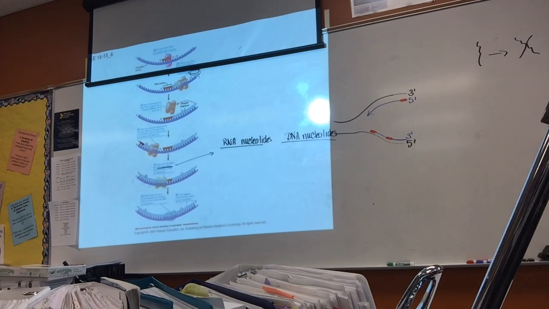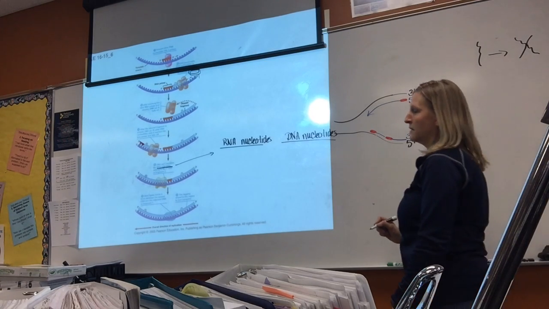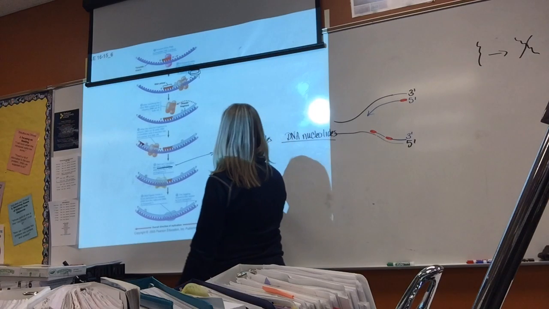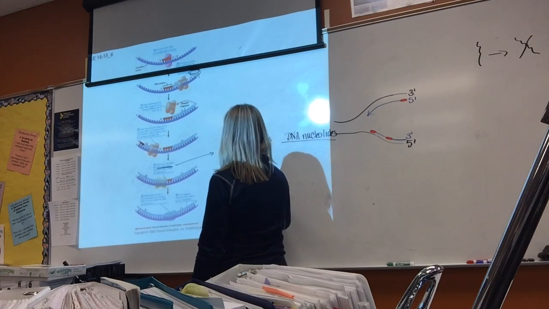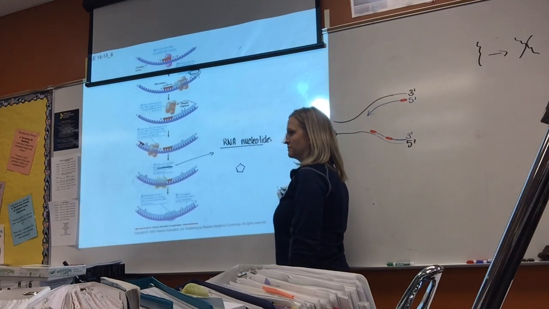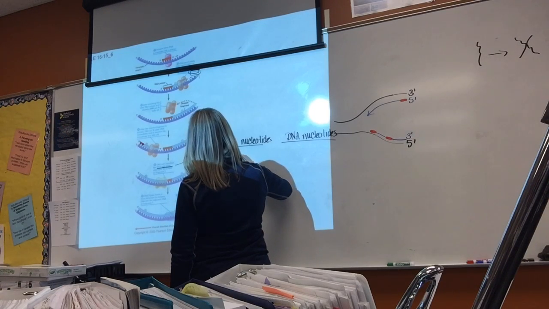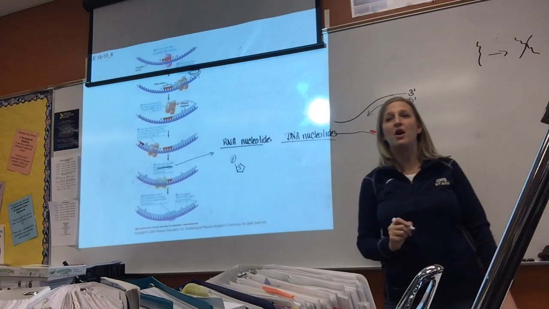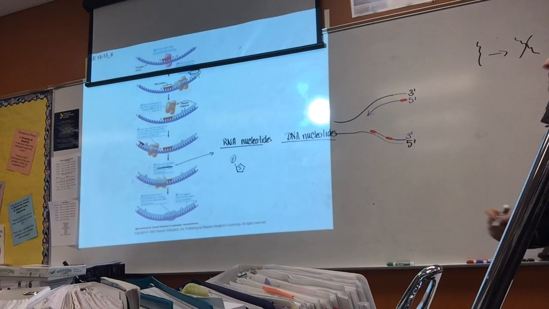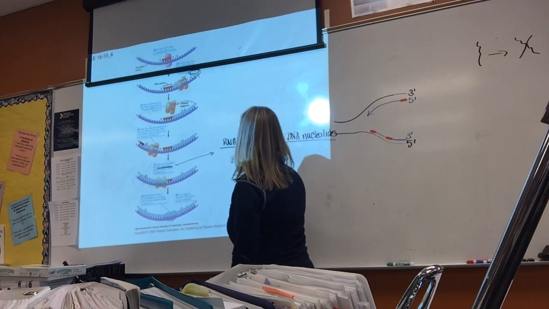It's like pentose sugar, phosphate group, and then that's all I got. Okay, so you have a sugar, the pentose sugar, and you have a phosphate group. Anybody remember there's one other part, Grace? Nitrogenous base, and that comes off here.